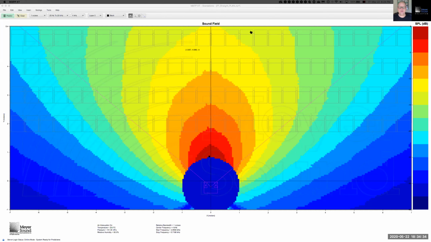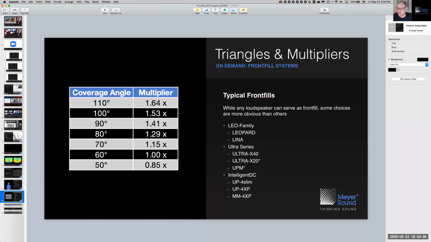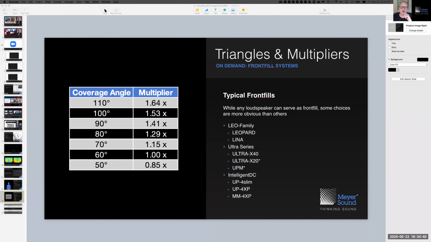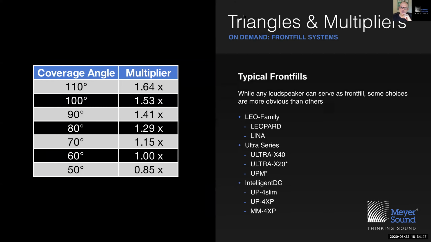So if we go briefly back to the keynote and bring up that table once more, then the table shows us that when you're a 100-degree loudspeaker, like the one that I'm using in this example, then the multiplier that we're looking at is shown over here.